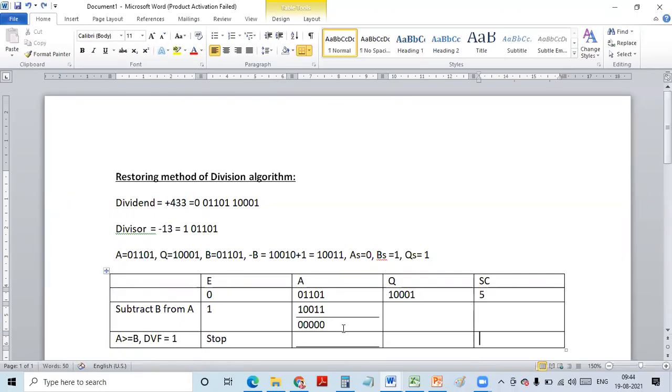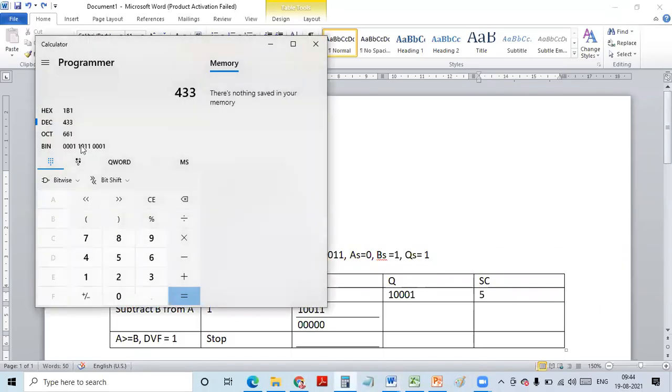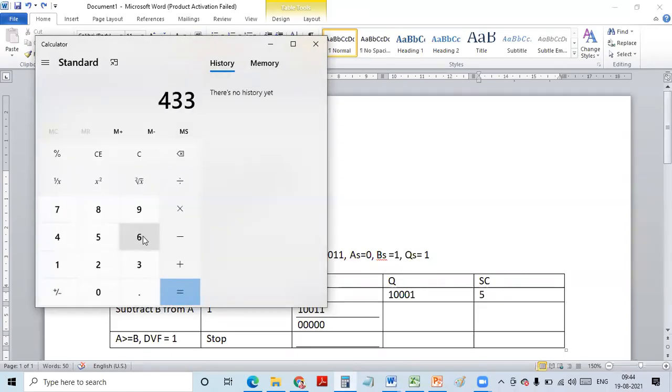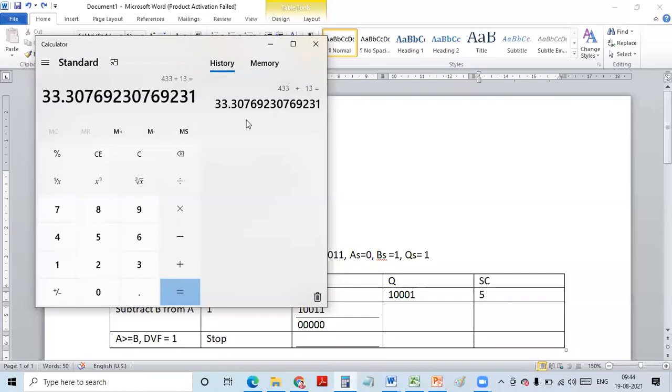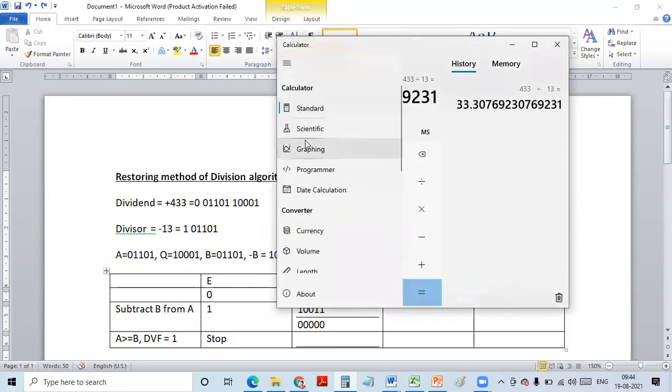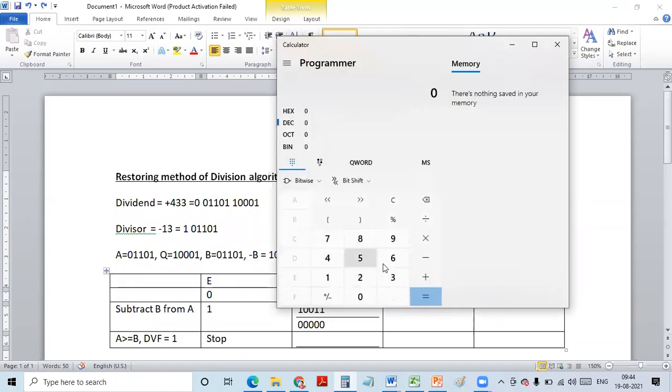Right. See, even if you perform the division with the help of a calculator, 433 by 13 is equal to 33.3. I have to check what 33 is in binary. 33 in binary is 100001.